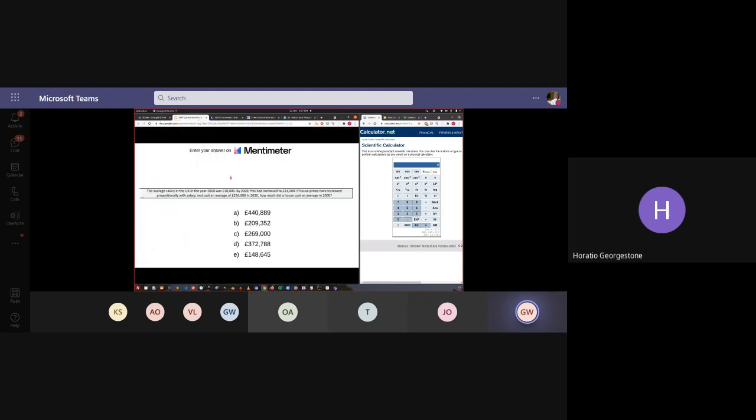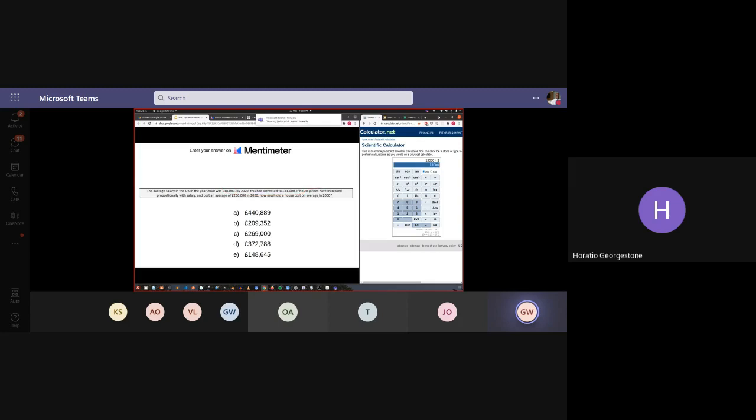Okay, so first of all, let's work out the percentage increase of salary. So the difference is going to be the bigger number minus the smaller number, or the more positive minus the more negative number. And that gives us a difference of £13,000. So it increased by £13,000. So we need to know what was that as a percentage of the original amount.